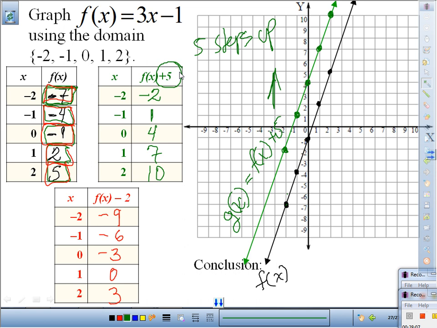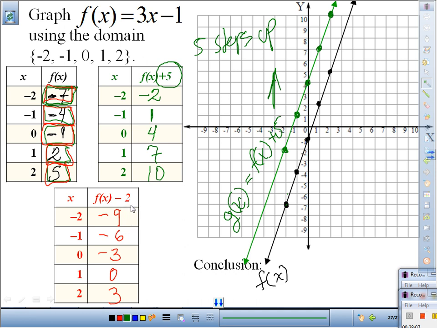Therefore, before you graph the red one, tell your neighbor and make a prediction what's going to happen to the original function now with this transformation. Pedro, what did Cindy say? Oh, you didn't hear?